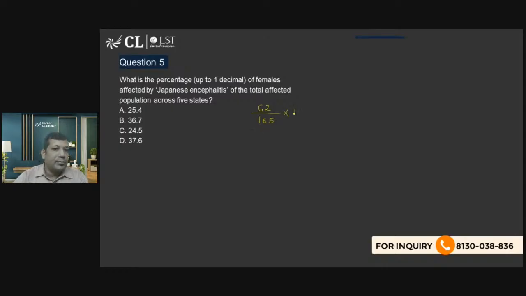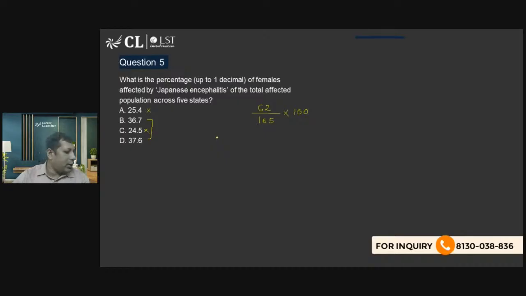Into 100. Now I know that this value is definitely going to be greater than 30%. The problem is these two options. I can directly say this is rejected, this is rejected. Right? So can I do it a little quickly?